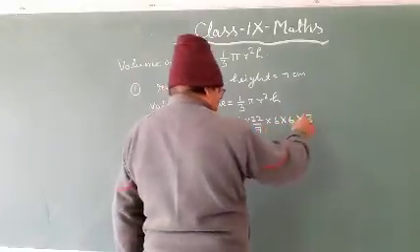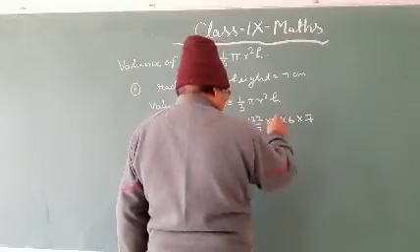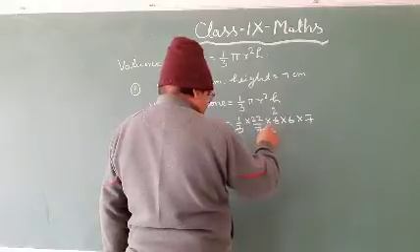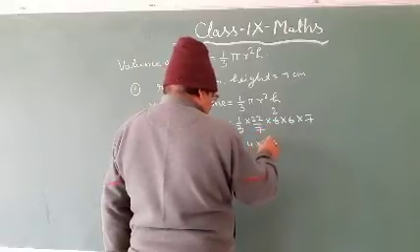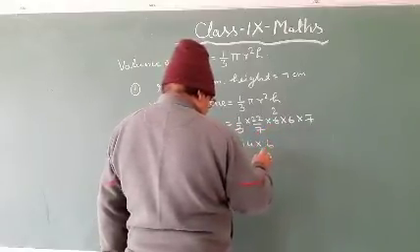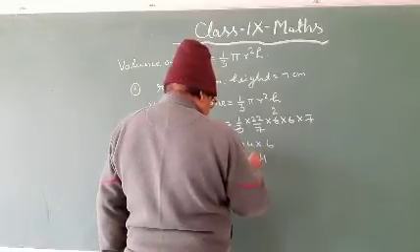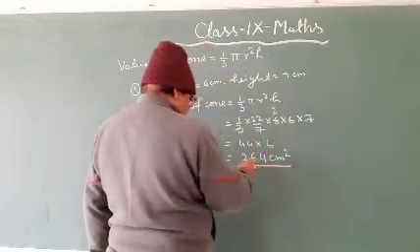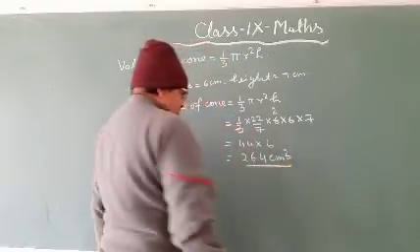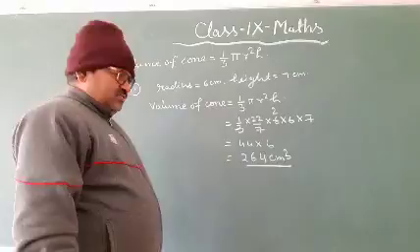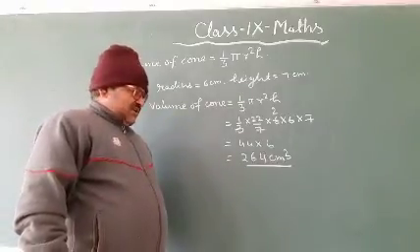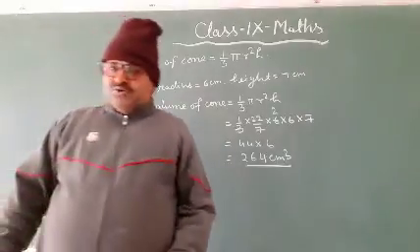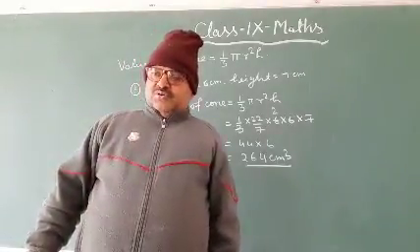So 7 cancels 7, and 3 twos are 6, and 44 into 6 is 264 centimeter cube. 264 centimeter cube is the volume of the cone.